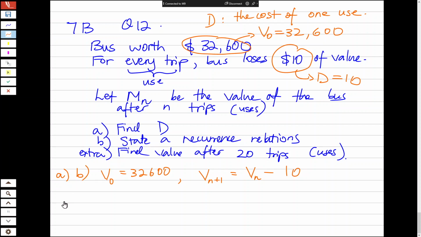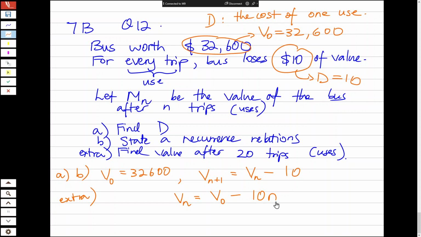Now for my extra question. You might find it useful to apply what we just learned about 7C here. I want to find the value of the bus after 20 uses, 20 trips. You could minus 10 and press enter 20 times on your calculator. But you could also recognize V n equals V naught minus 10 times n.